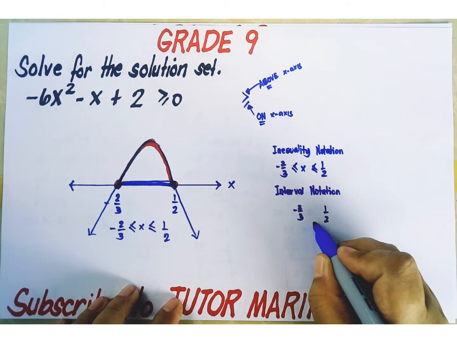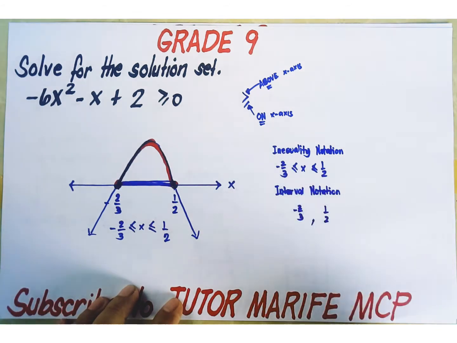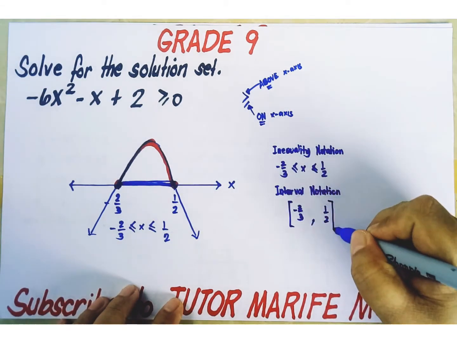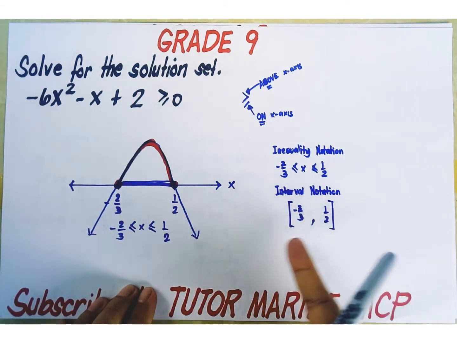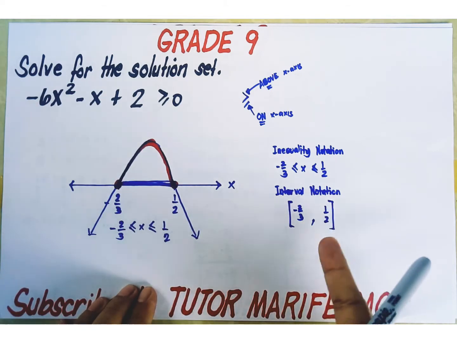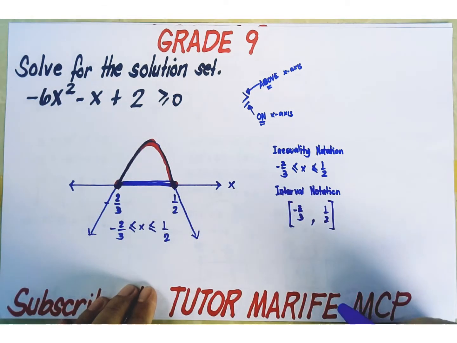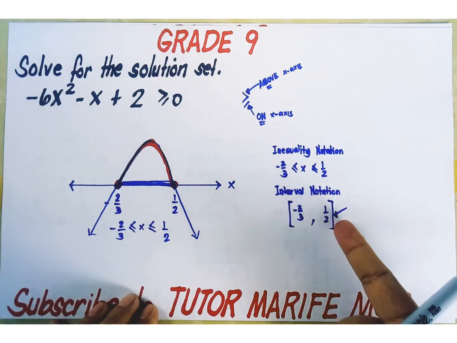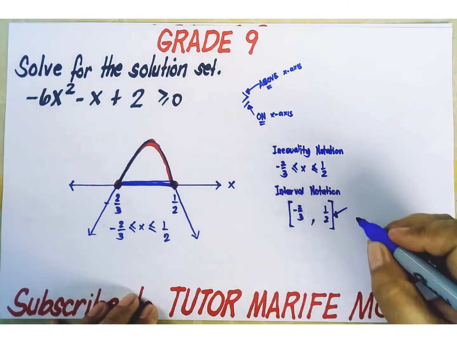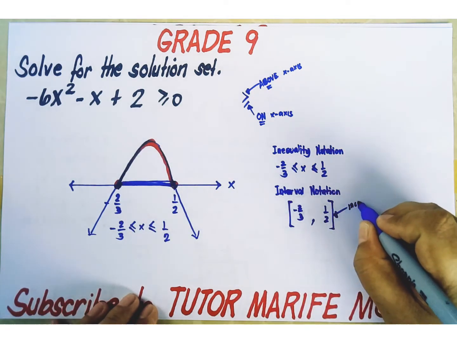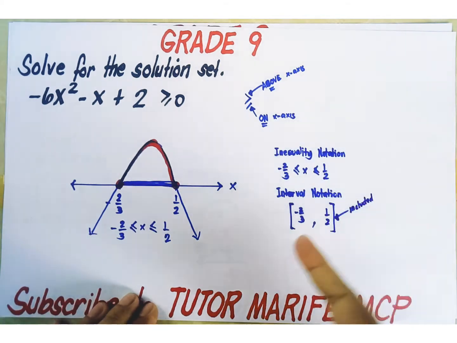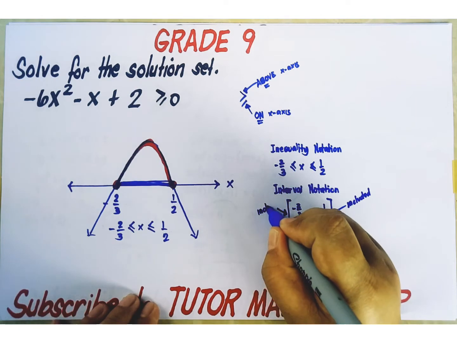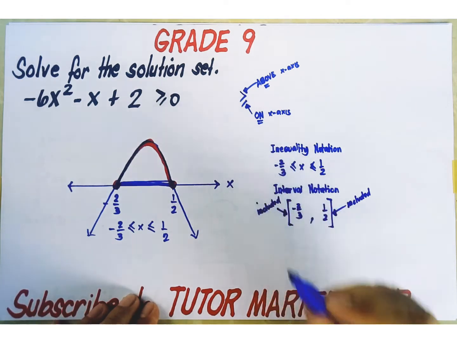And then you separate the two endpoints with a comma and enclose with brackets. We use the symbol brackets when we want to include the endpoints in the solution set. This bracket indicates that 1/2 is included in the solution. And this bracket indicates that negative 2/3 is also included in the solution.